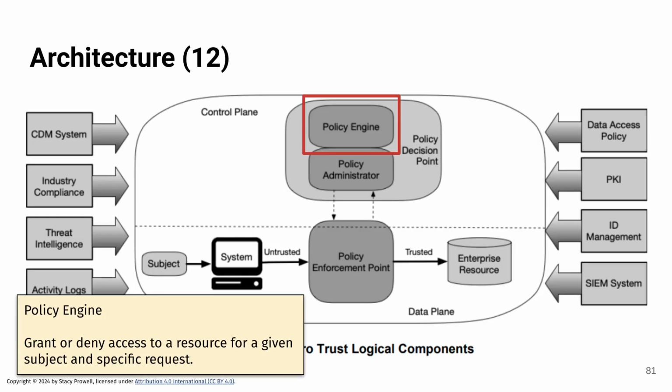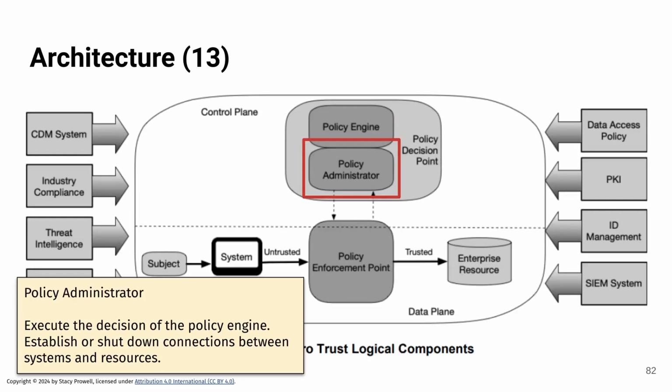So we create a set of policies. Okay? We have to be able to manage all of this. The policy administrator then executes the decisions of the policy engine. Okay? It can allow you to establish a connection between a system and an enterprise resource, or maybe it can shut that access down based on dynamic changes in policy.